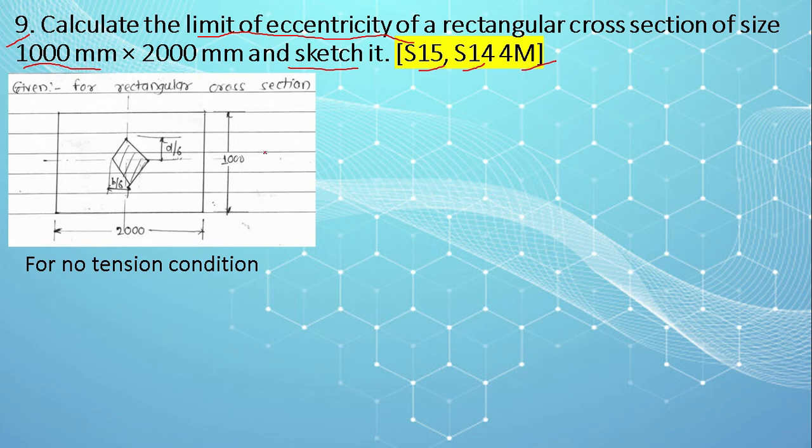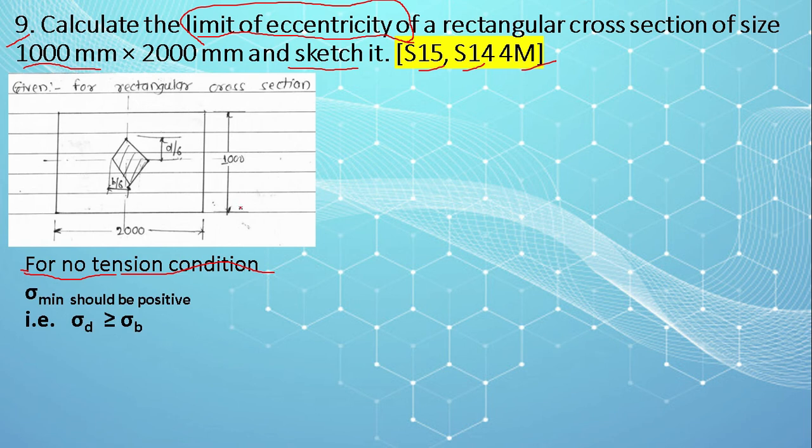So for finding out the limit of eccentricity, there should not be any tensile stresses in the column, for the no tension condition. For the no tension condition, we know the formula: sigma minimum is equal to direct stress minus bending stress.